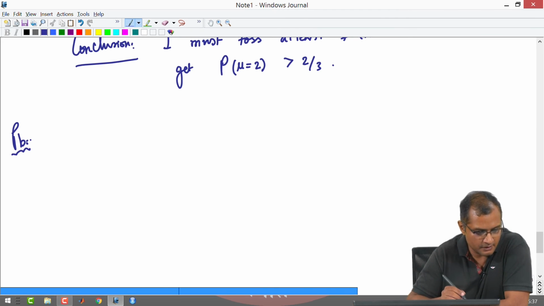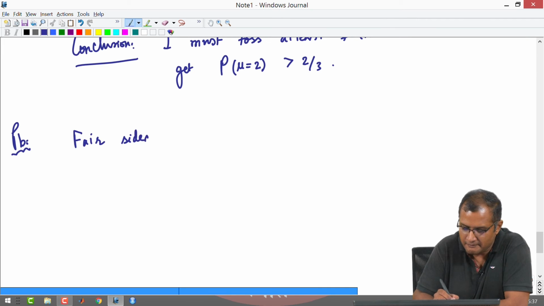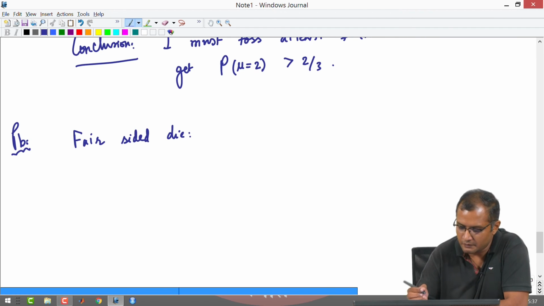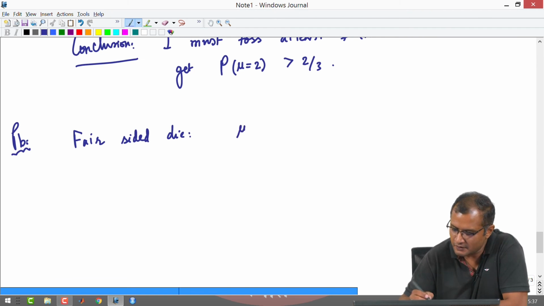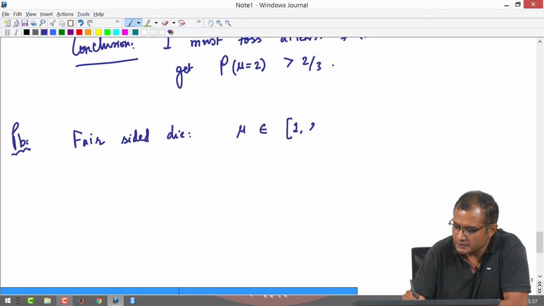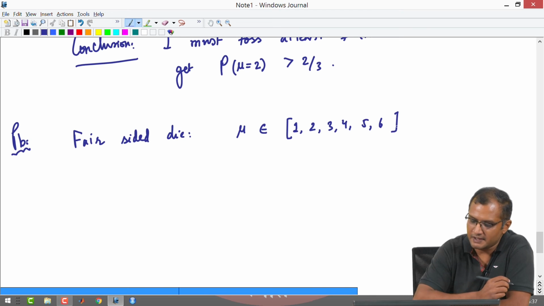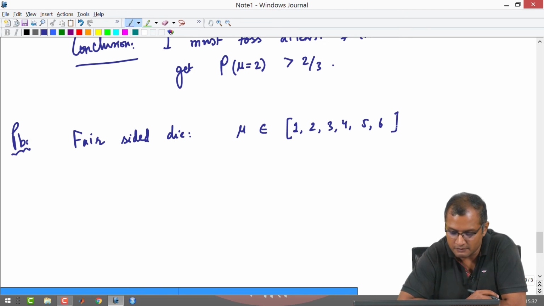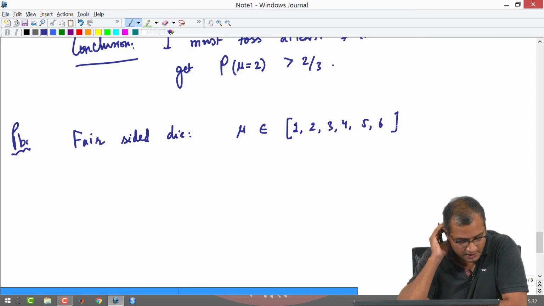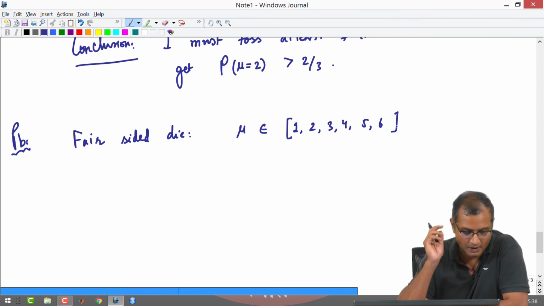So, let us take another, just as before, a fair die, which means the face of a die can be 1 2 3 4 5 6. That is the face of a die, which is a variable, and can take one of these values, one of these symbols 1 to 6.